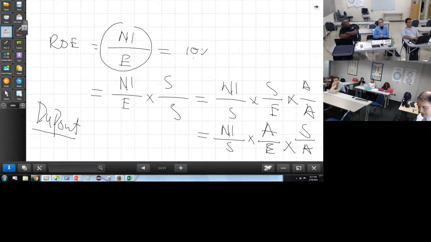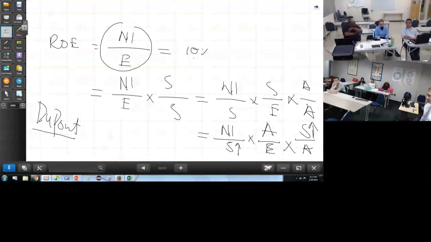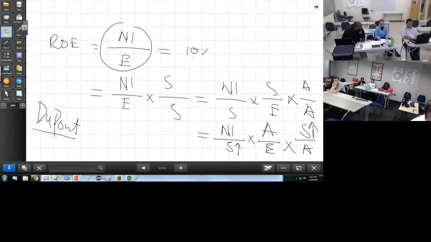Make sense? Okay. Now, if we increase this sales, which is in the denominator, then that sales, which is in the numerator, also increases. So this increase and that increase cancel each other out. So what we need to do is to reduce our expenses in order to increase net income.